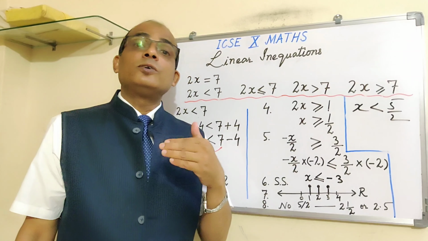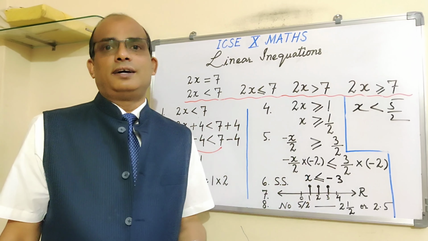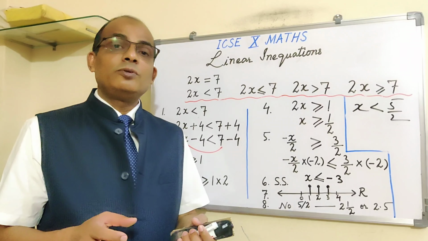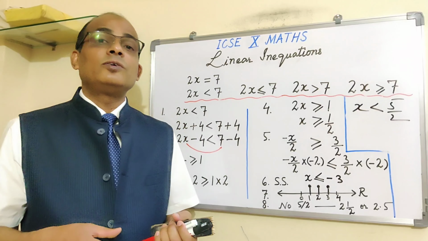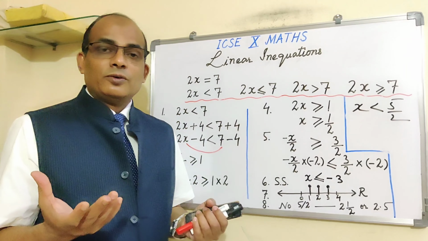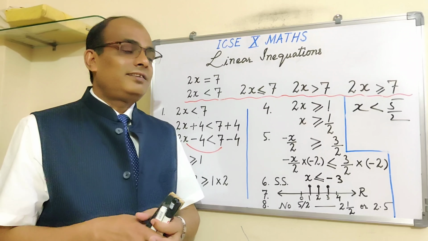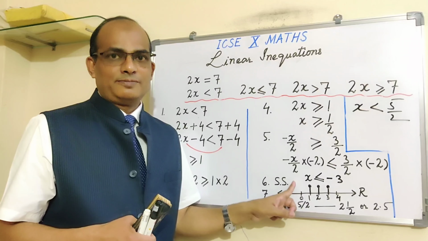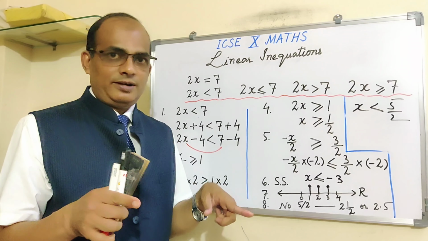And if x belongs to other than R, for example, x belongs to N, the set of natural numbers, x belongs to Z or I, x belongs to W, in all these cases you have to write down the solution set in listing method within the curly bracket.